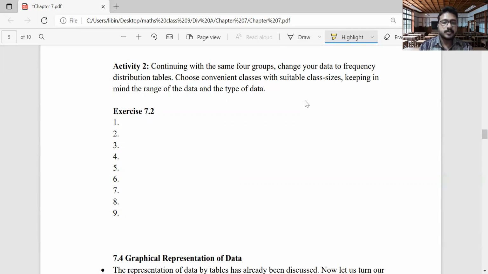In the second example, the data is arranged in a table, and we call it a frequency distribution table. Then it advanced, and we learned one more table where the given data are converted to frequencies and into classes, and we formed a grouped frequency distribution table.